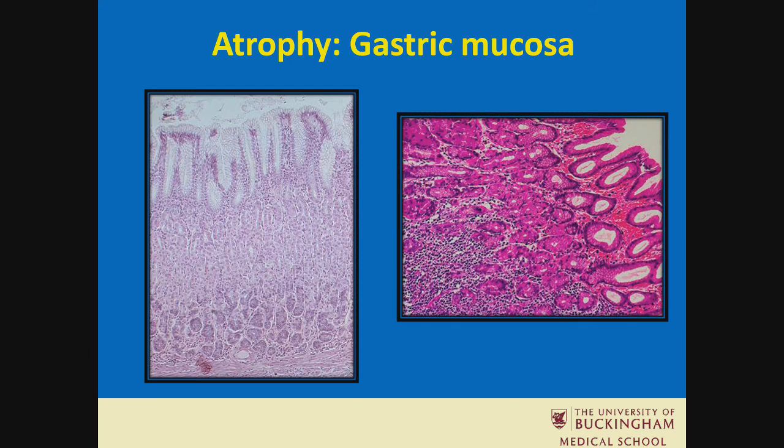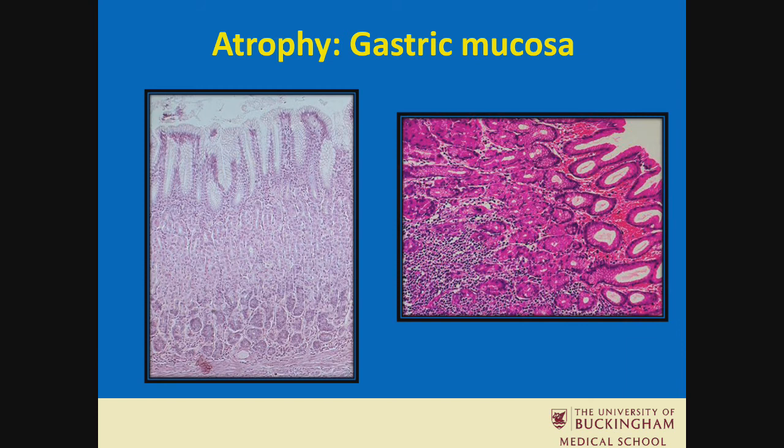Then the next one is an example for atrophy. This is chronic gastritis, autoimmune gastritis or atrophic gastritis. This is a normal gastric mucosa. The quality of the stain is poor.